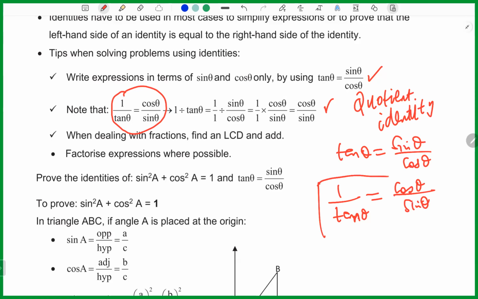So 1 over the tangent of theta is cosine theta over sine theta. The students must be able to prove these identities for examination purposes. So it's very important that one is able to prove these identities.